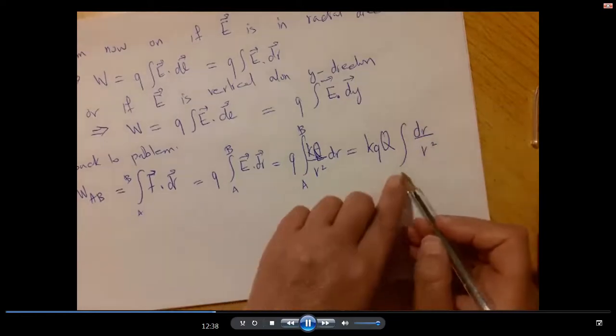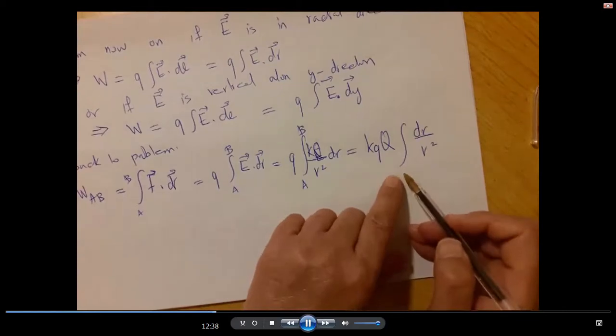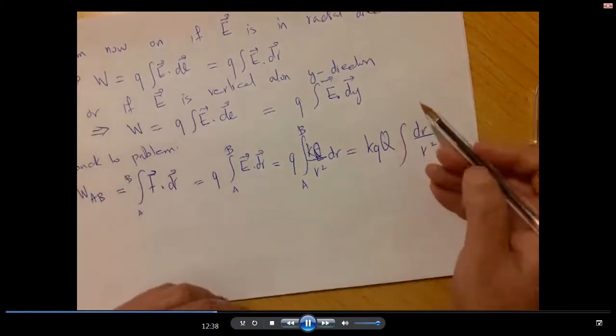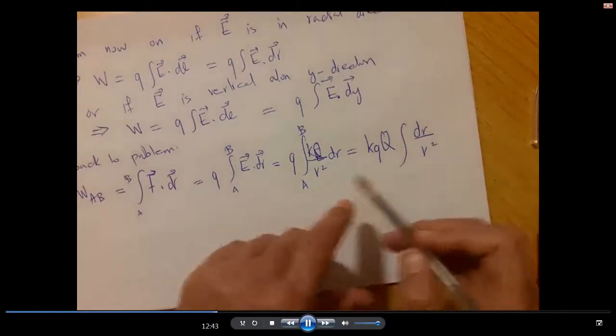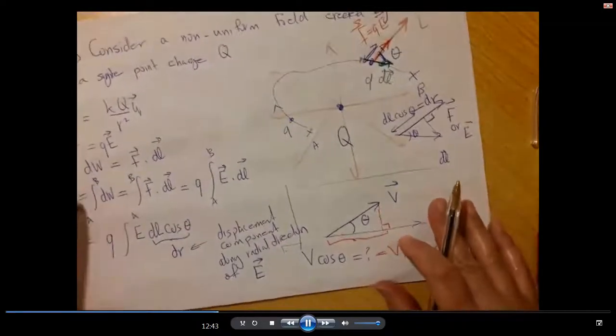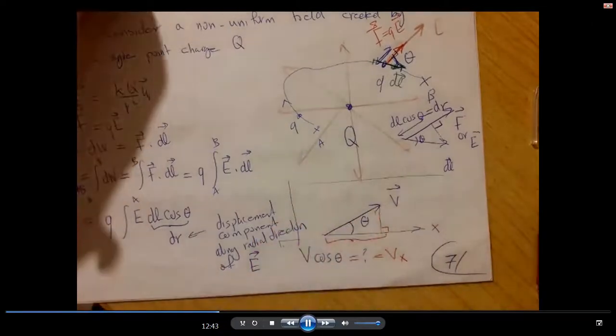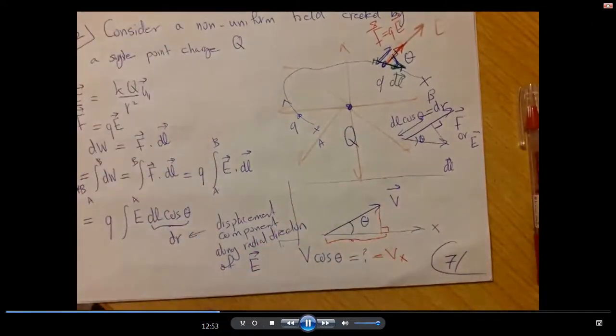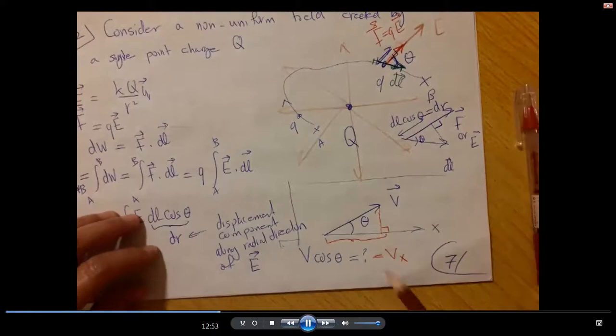When I put in the limits of integration, I can't say from y of A to y of B; I have to say from r of A to r of B. On my figure, where is r of A?